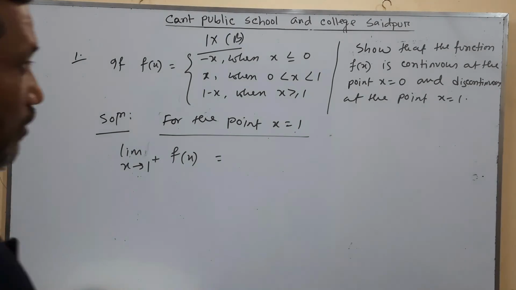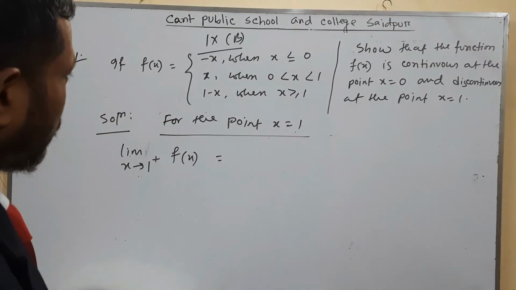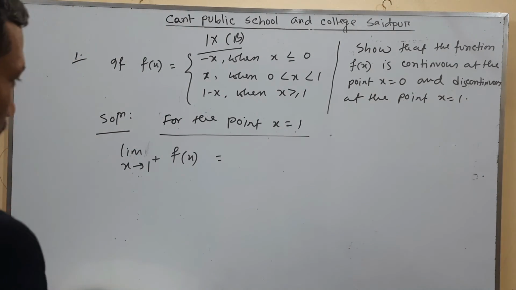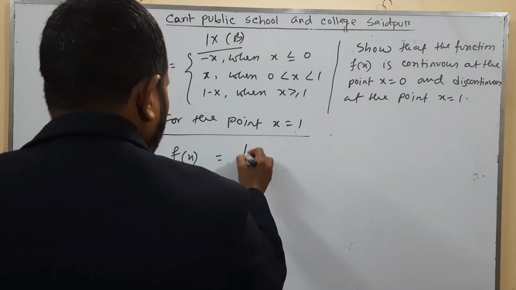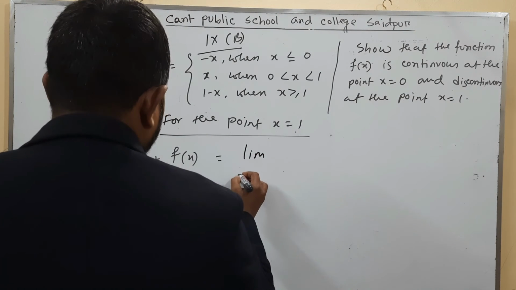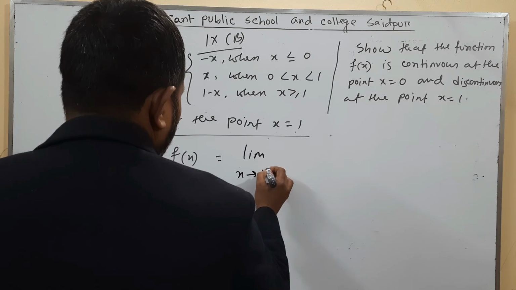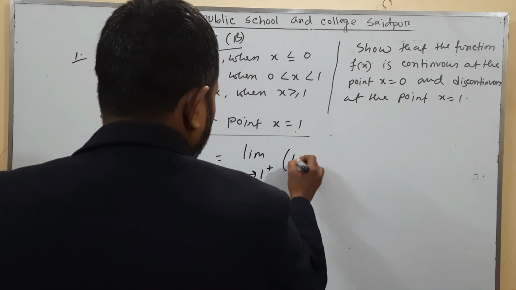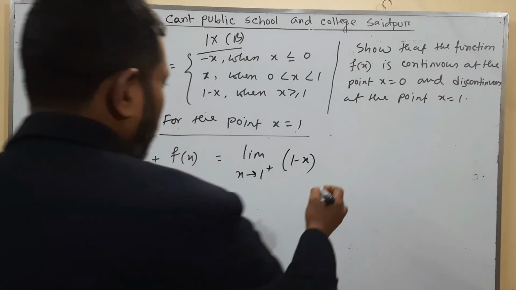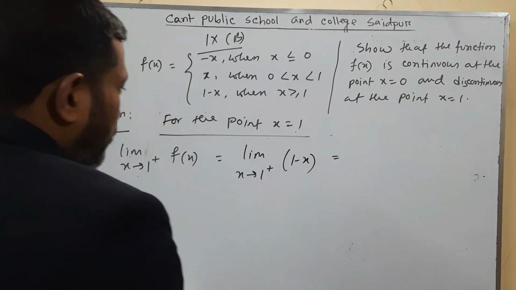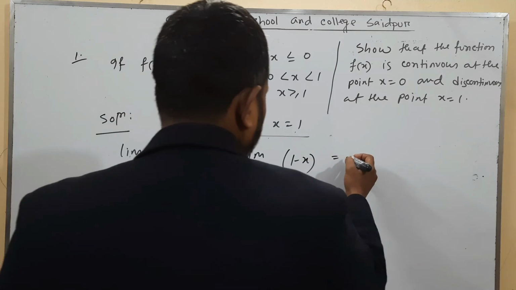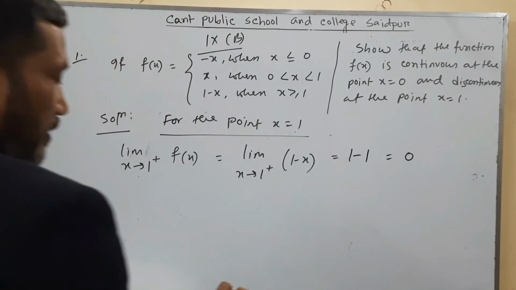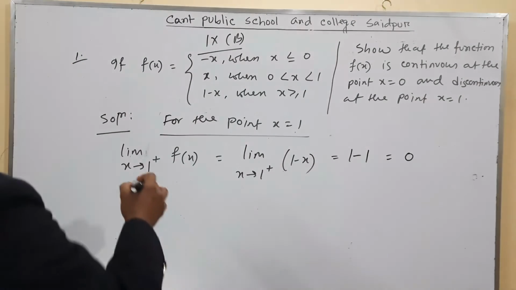It may be 1, 1.2, 1.3, 3, 4, 5, etc. So for limit x tends to 1 plus, f of x will be 1 minus x. If we put the value of x equal to 1, then we get 1 minus 1, that is 0.